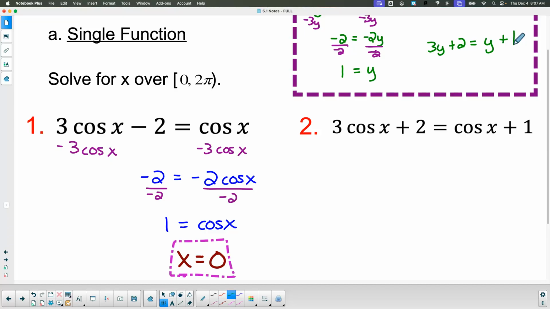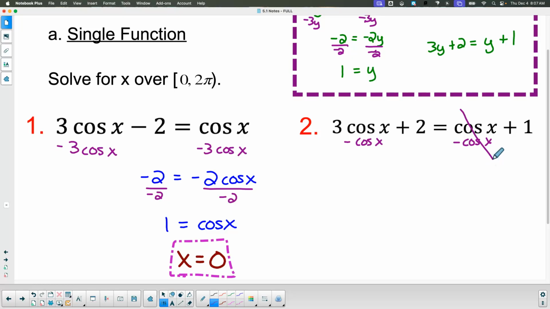So you subtract cosine from both sides? Okay. I'm cool with that. Minus cosine of x here, minus cosine of x there. So then this cosine has gone away.